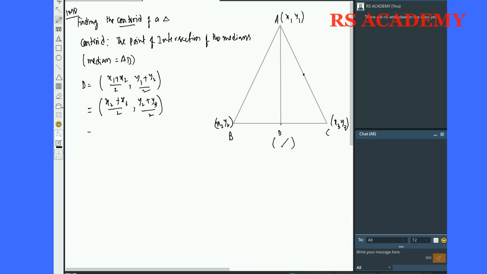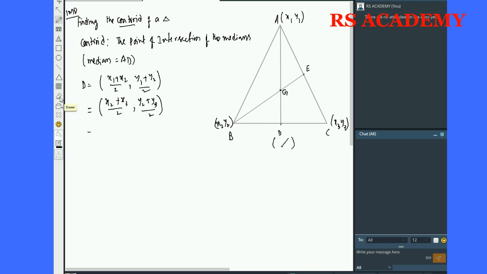Let us say this is E. Let us not worry about the coordinates of E, because we only want the centroid. So I will join B and E. Now we have got another median. We have drawn another median only to get the centroid. So G is the centroid. Usually the letter G is used for the centroid.